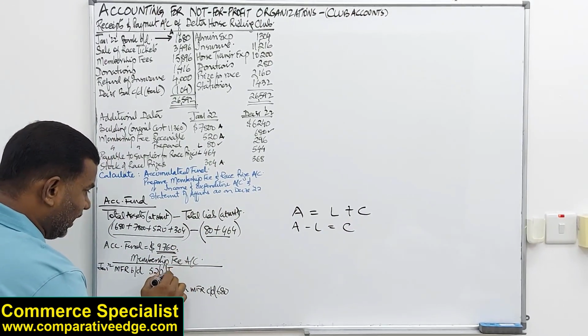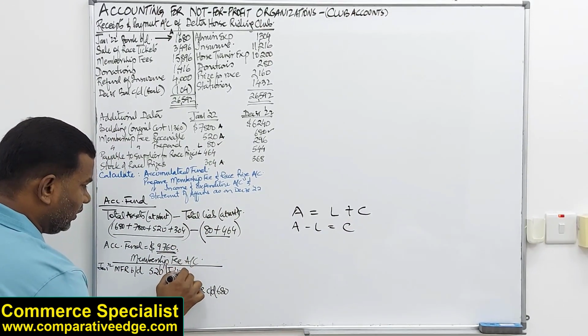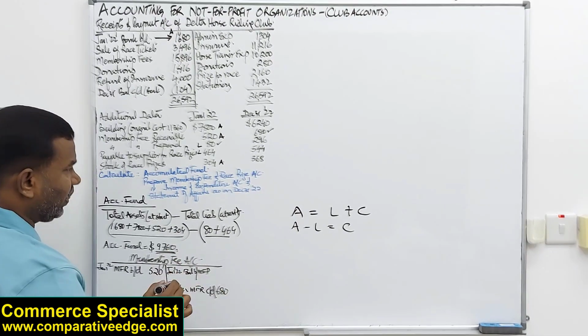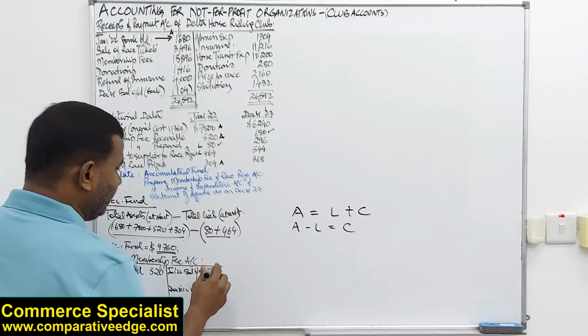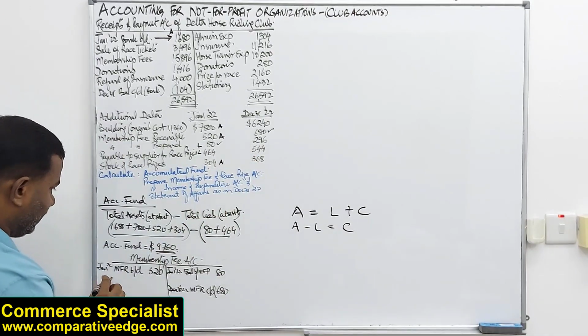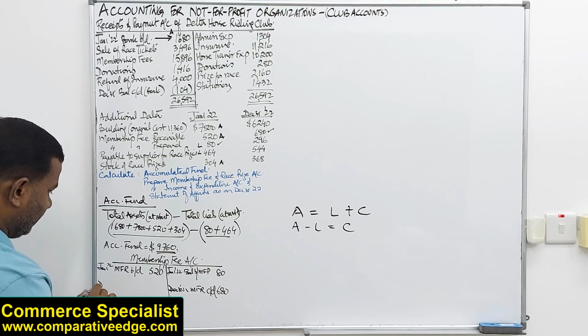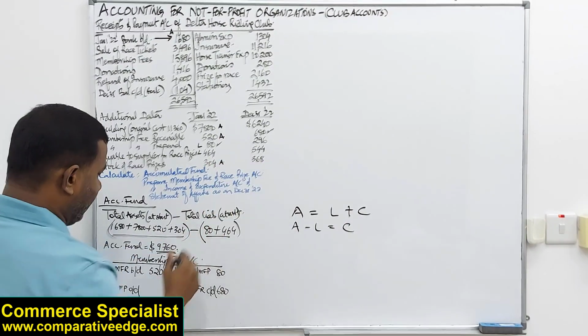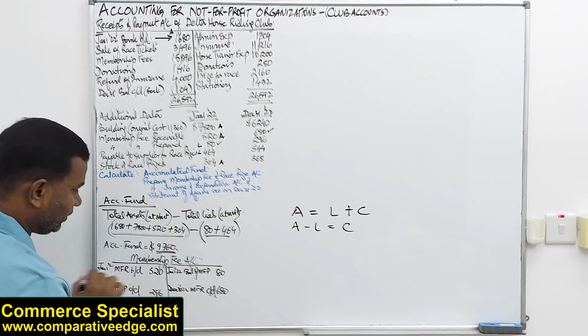So I'm writing here again January 1st, 2022, balance brought down of membership fee prepaid, which is $80. And closing balance will be on the debit side. So I'm putting this here, December 31st, membership fee prepaid, carried down 296.